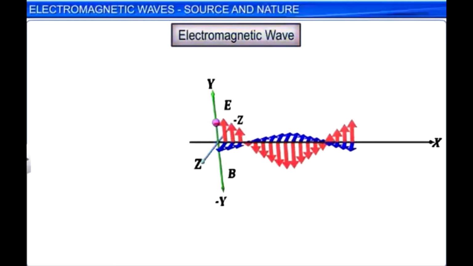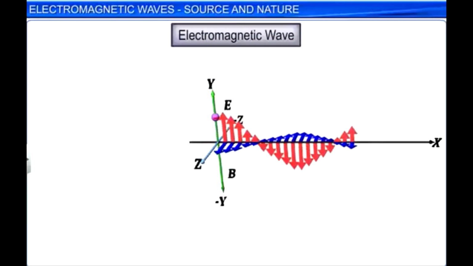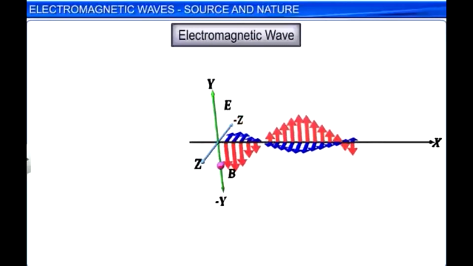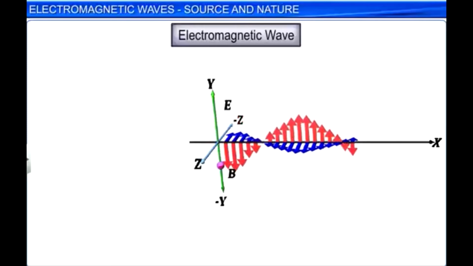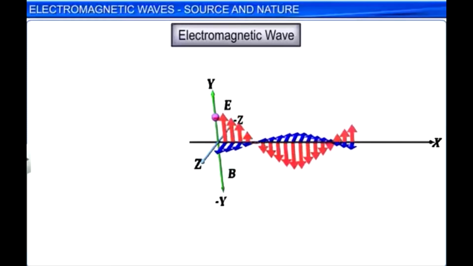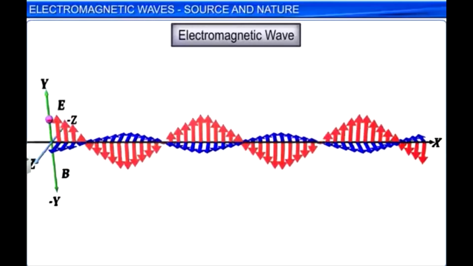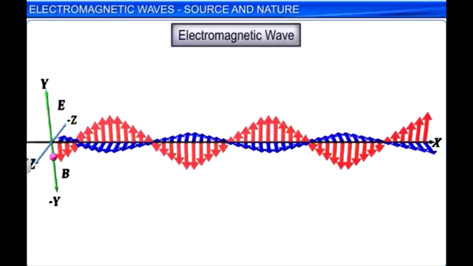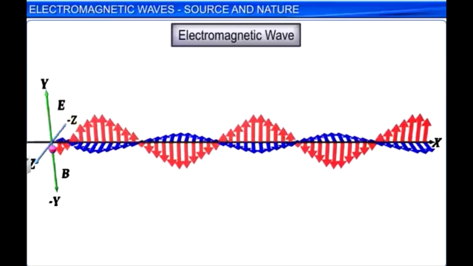Now, the oscillating magnetic field produces an electric field which is oscillating perpendicular to the direction of the oscillations of the magnetic field and propagates along the x-axis. Thus, the oscillating electric field and the oscillating magnetic field regenerate each other and propagate along the x-axis.